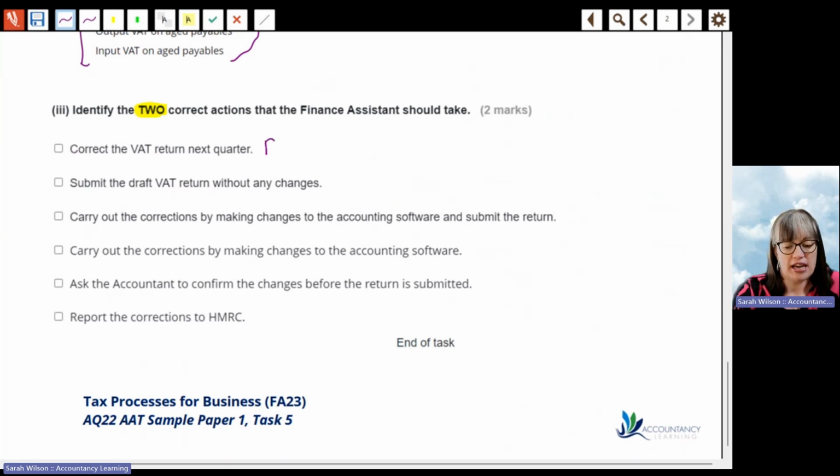Well, it's only in draft stage at the moment, so it should be corrected now. So that would not be an option. The second one is submit the draft VAT return without any changes. Well, we've identified the error, so we should deal with it before submission.